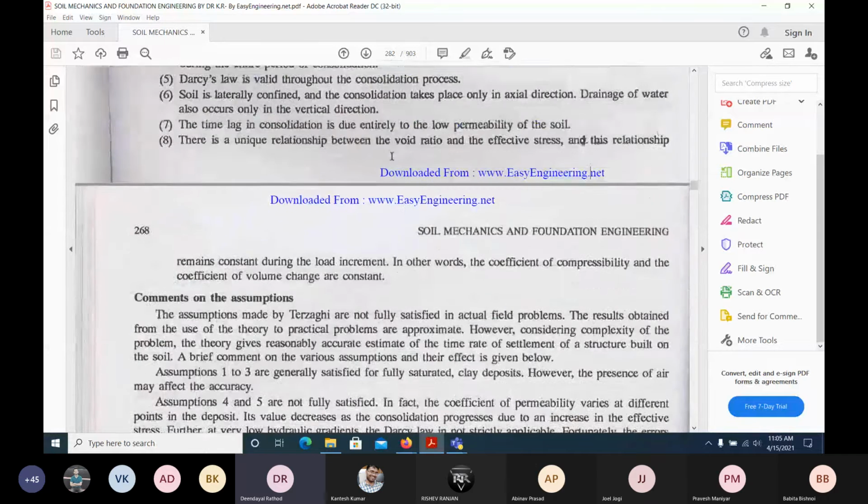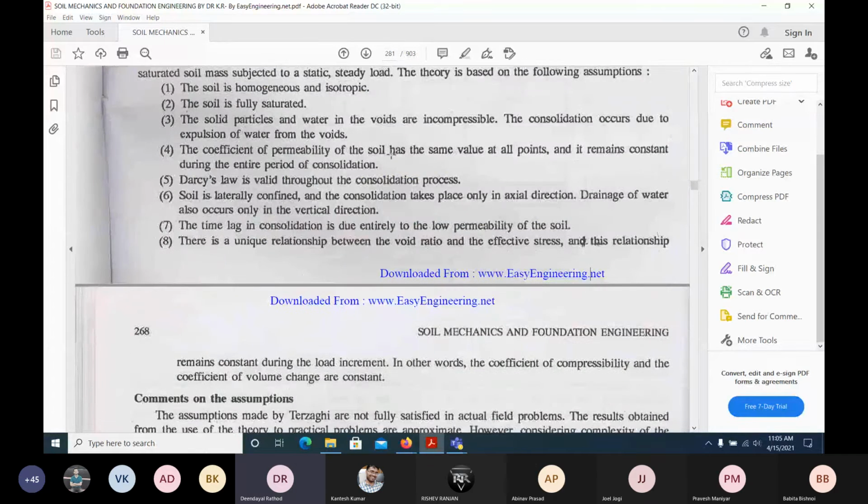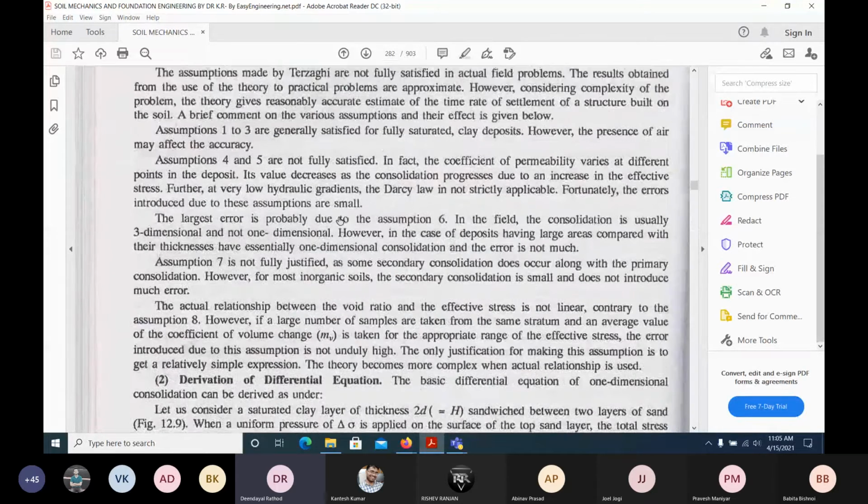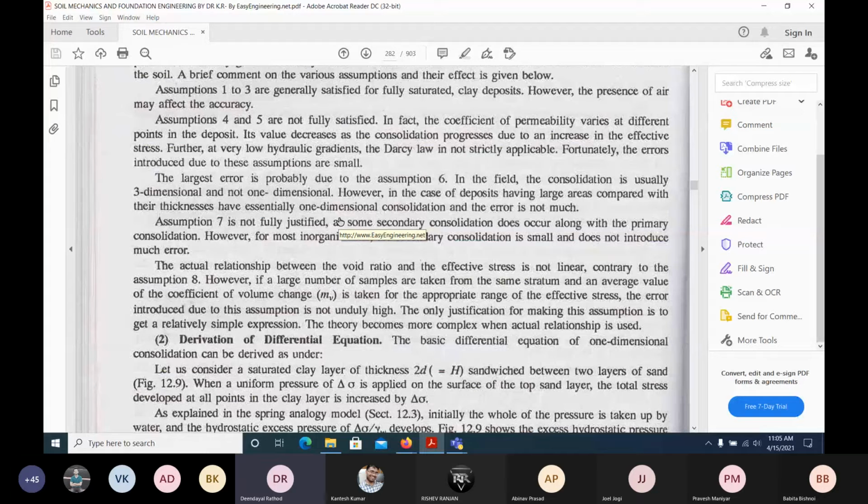What is that assumption 6? The soil is laterally confined, and so drainage takes place in the vertical direction. In the field, consolidation is usually three-dimensional and not one-dimensional. However, in deposits having large areas compared to their thickness, the consolidation is essentially one-dimensional and the error is not much.